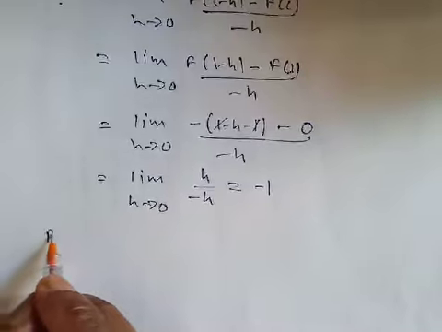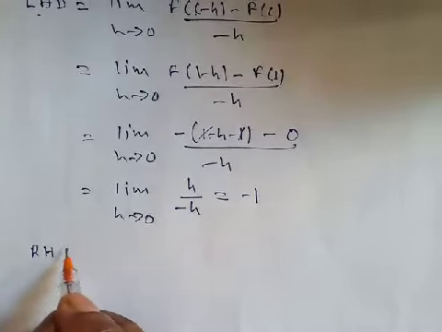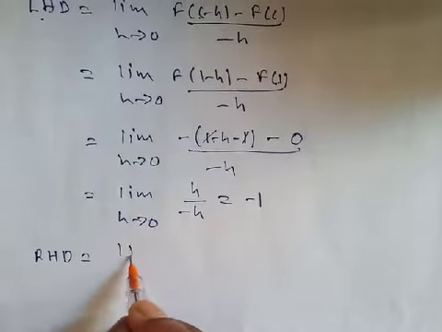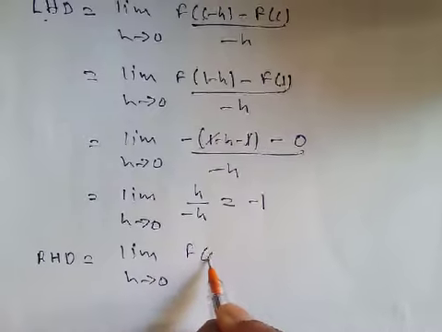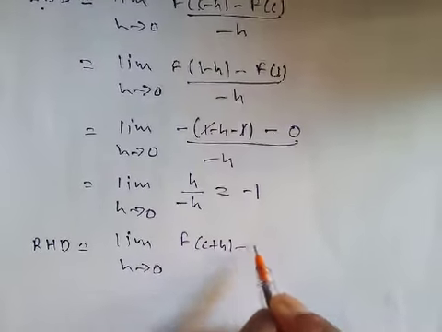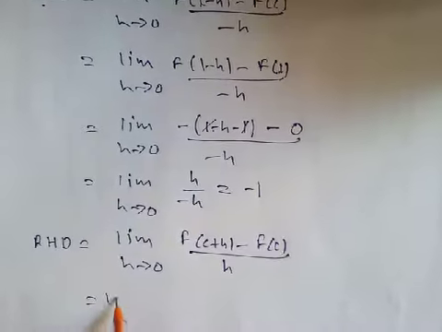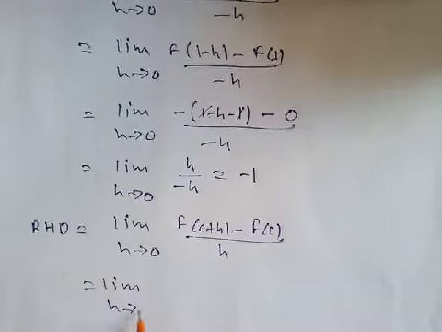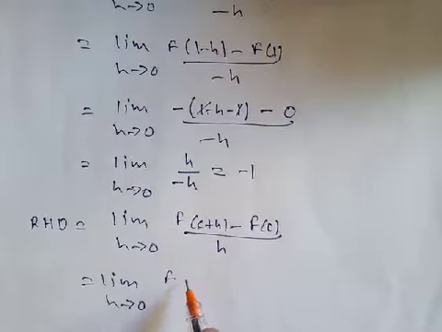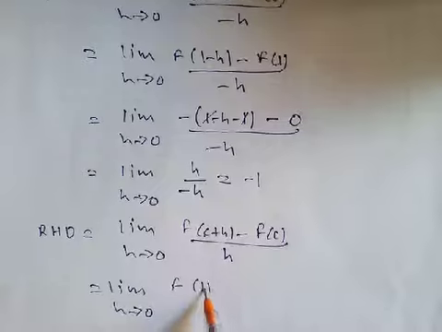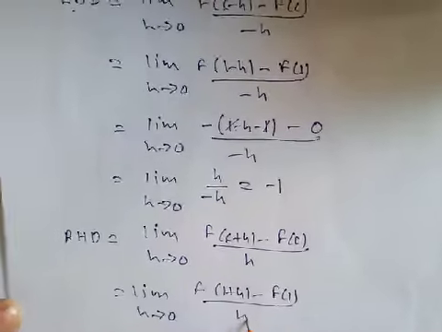What is RHD? RHD is limit h tend to 0, f(c plus h) minus f(c) upon h. So limit h tend to 0. First, what is your c? We are checking at 1, so 1 plus h, f of 1, upon h.